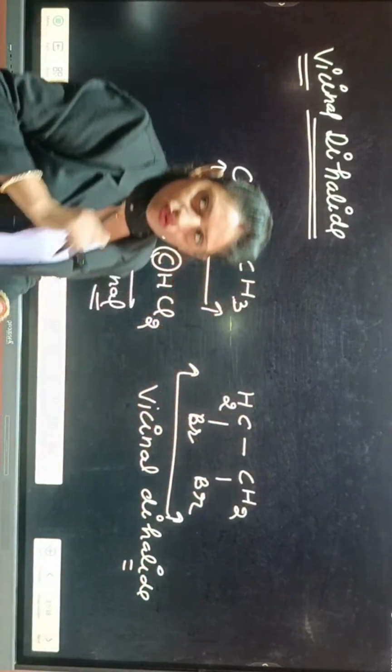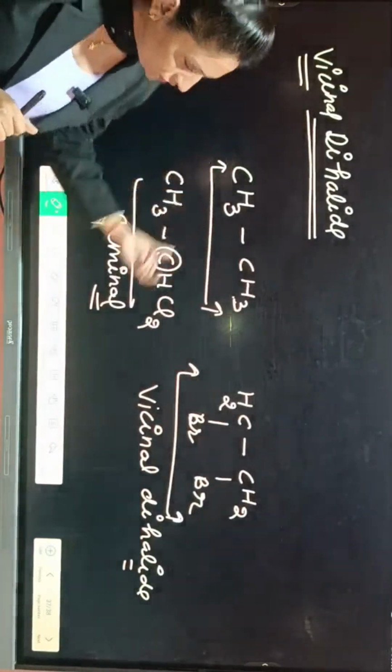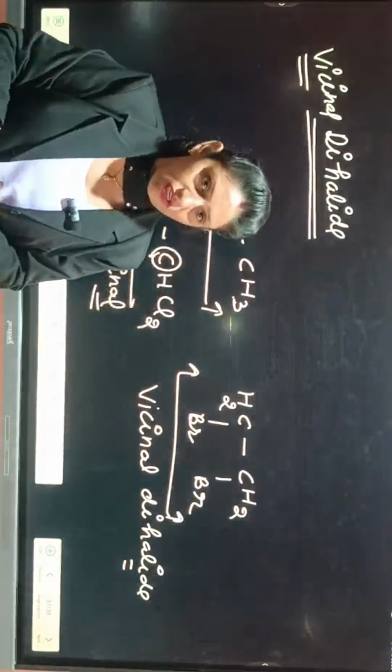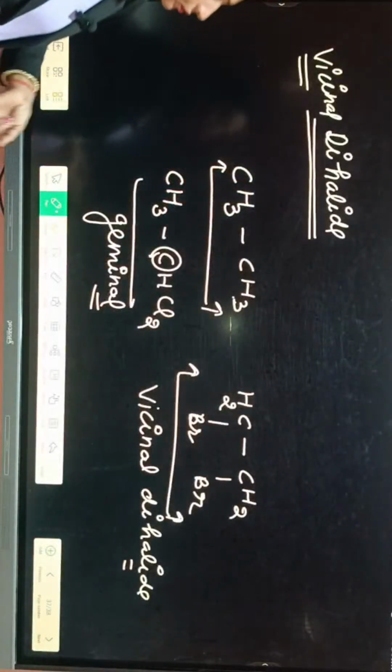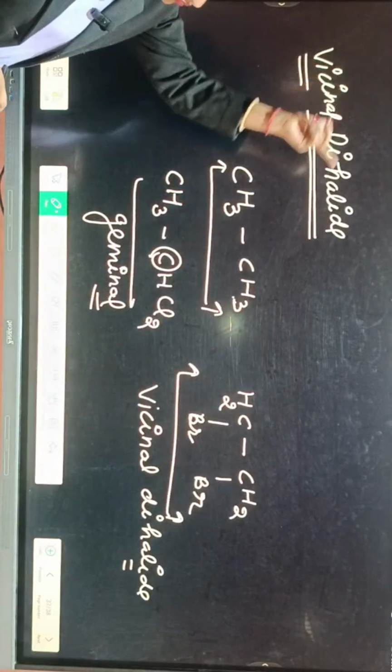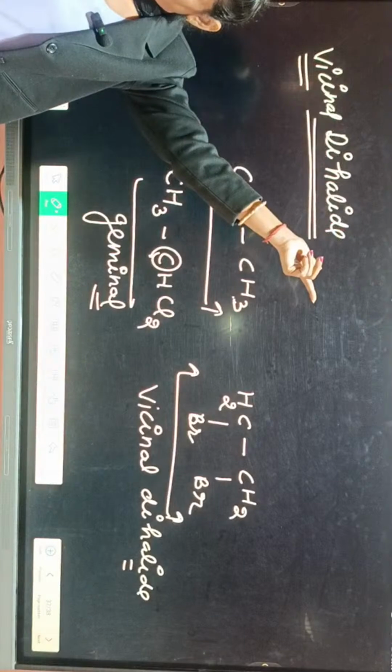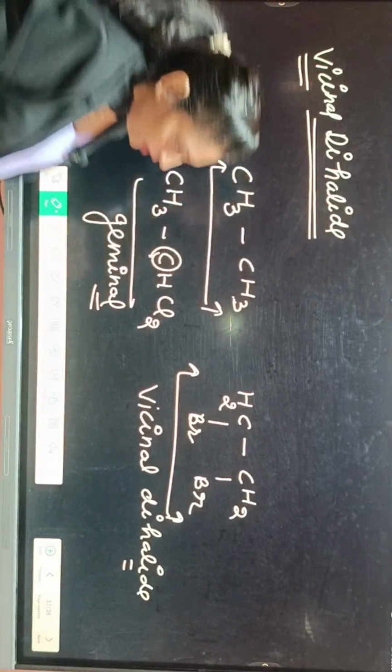First of all, you should know about vicinal and geminal dihalide. So we can prepare alkene by vicinal dihalide also. Clear? How?